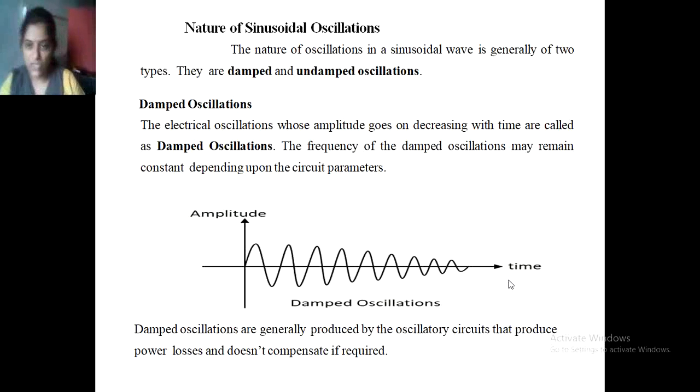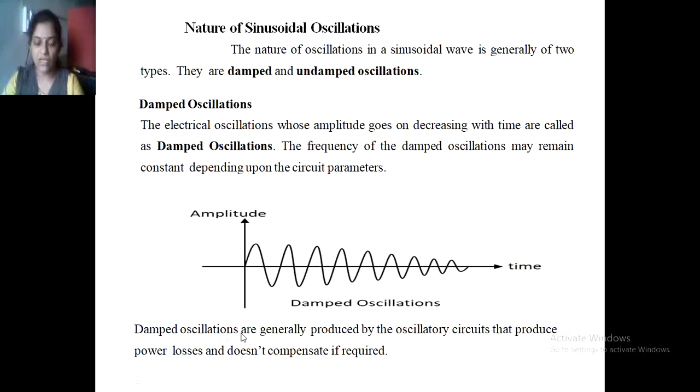In this waveform the y-axis represents amplitude and the x-axis represents time. Here the oscillation amplitude goes on decreasing with time, so it is known as a damped oscillation.